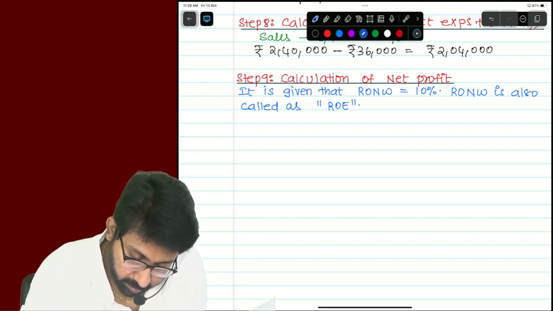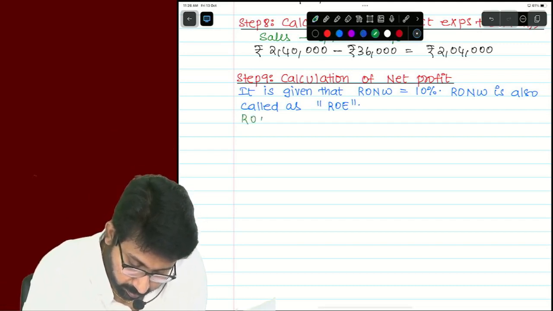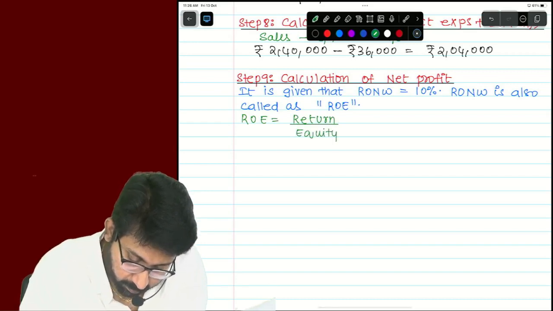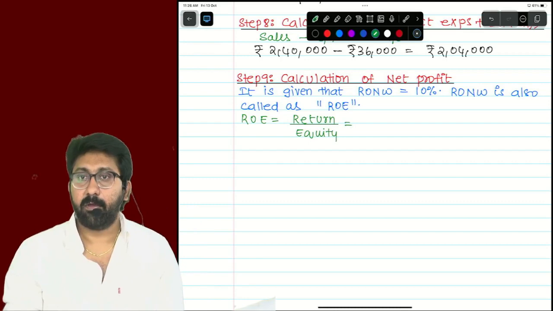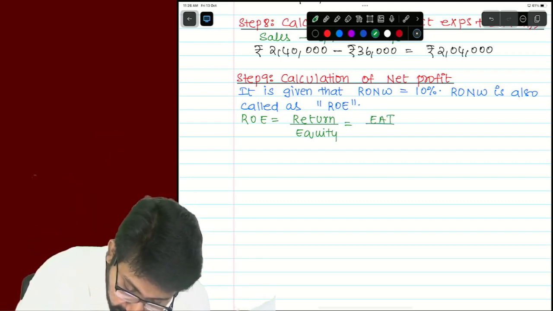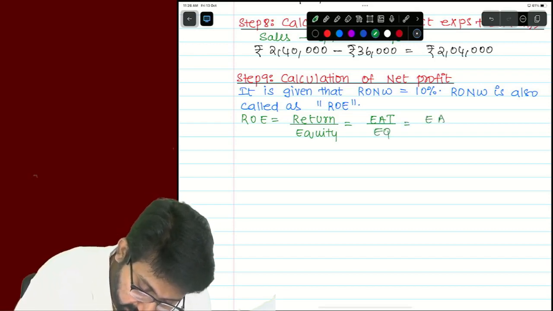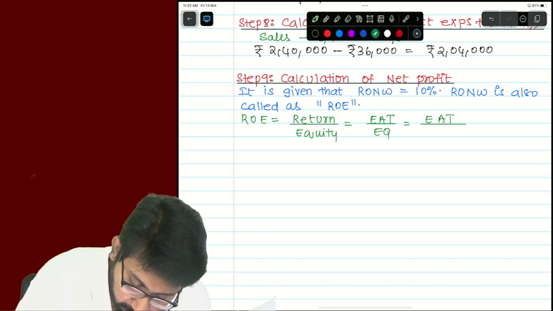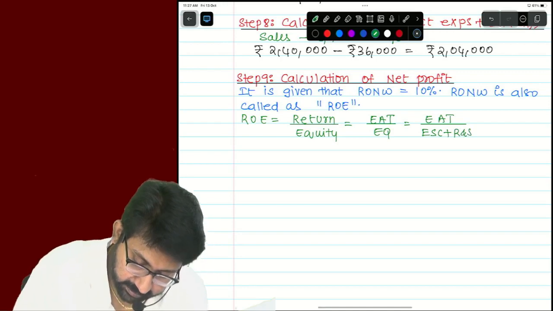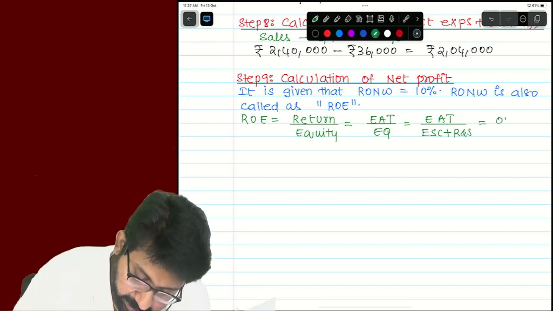Below write down: return on equity equal to return by equity. What return will equity shareholders ask? EAT by equity. Equity should be written as equity share capital plus reserves and surplus. This is equal to 0.1.